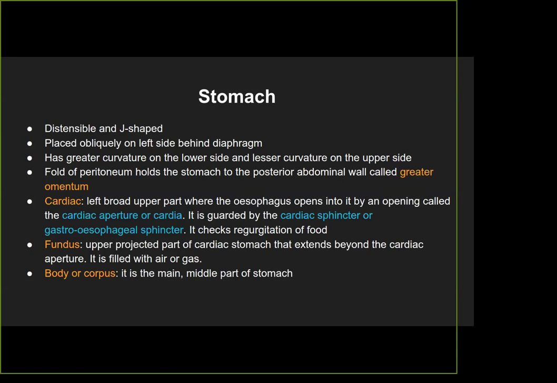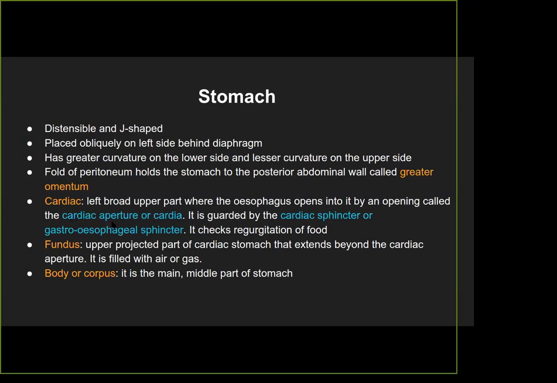So cardiac is the left broad upper part where the esophagus opens into it, and it opens at a sphincter, or at an opening. The esophagus, which is the food pipe, enters into the stomach at the cardiac aperture, also called cardia. Cardiac aperture stands for a hole-like or opening-like structure from the tube.